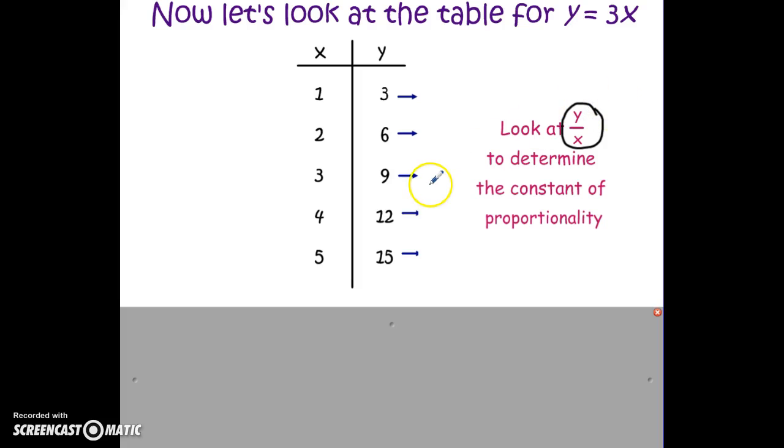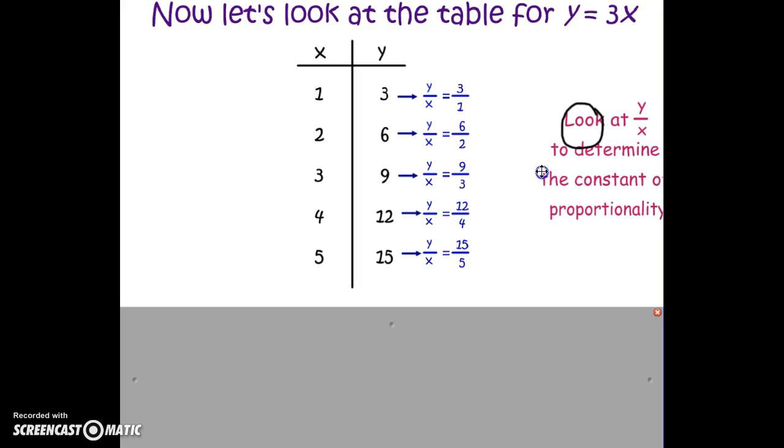So if we take that ratio, y divided by x, we would have 3 divided by 1, 6 divided by 2, 9 divided by 3, 12 divided by 4, 15 divided by 5. And if we reduce all of those fractions, that ratio is 3.